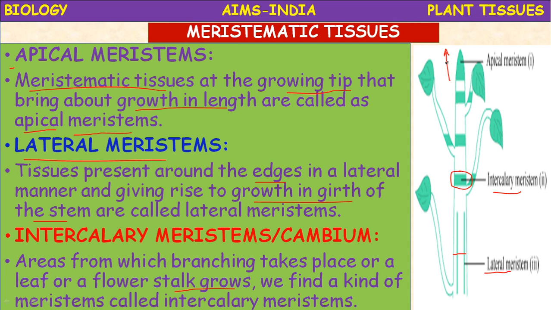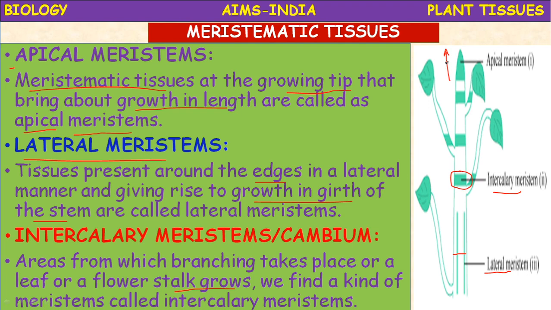The meristematic tissue at the growing tip that brings about the growth in length is called apical meristematic tissue. The tissue present around the edges in a lateral manner and giving rise to growth in girth of the stem are called lateral meristems or lateral meristematic tissue.